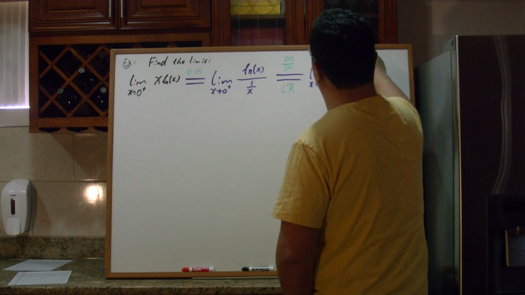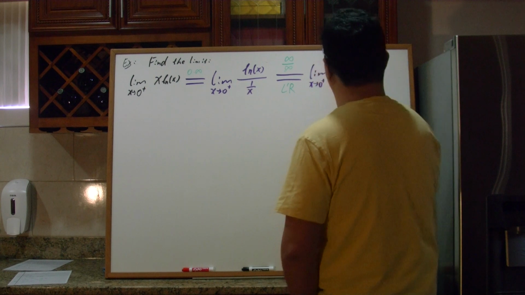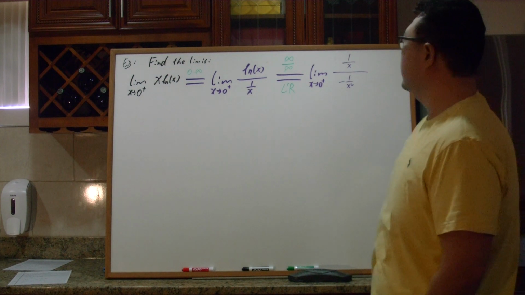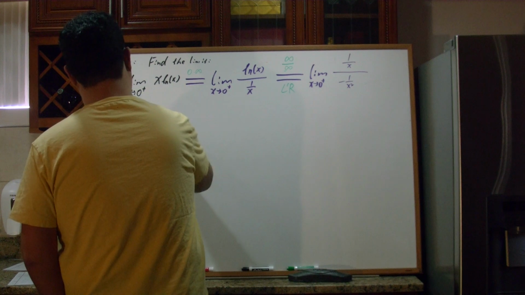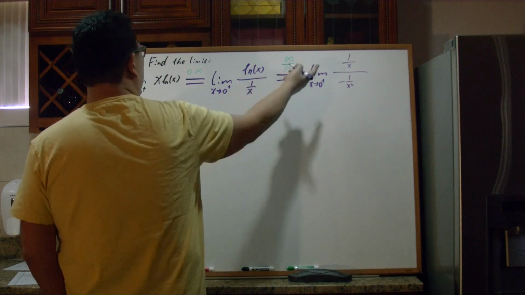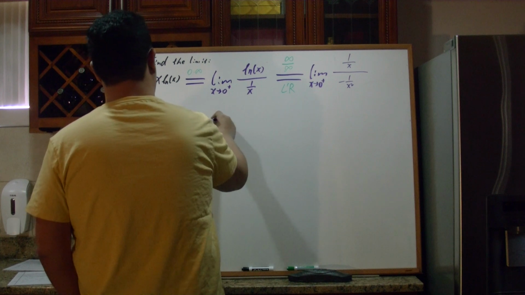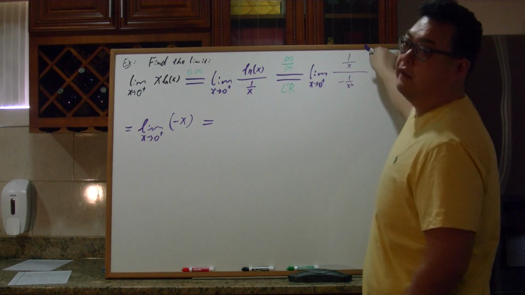We get 1 over x as the derivative of the natural log, and we get negative 1 over x squared as the derivative of the denominator. Simplify a little. 1 over x times negative x squared, we get a negative x. Oh, we flip the bottom, that's negative x squared.